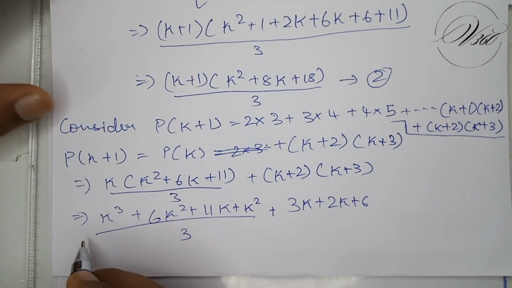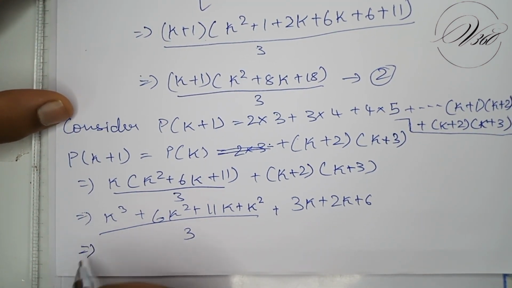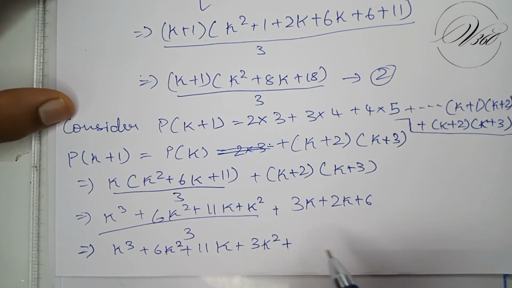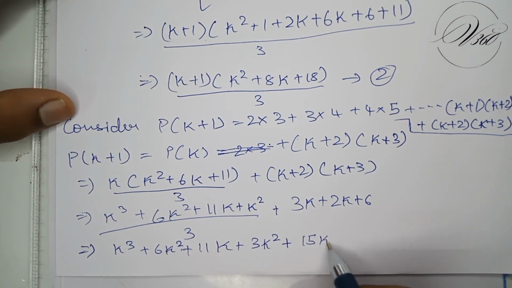Now in the next step I will get (k³ + 6k² + 11k + 3k² + 15k + 18)/3.